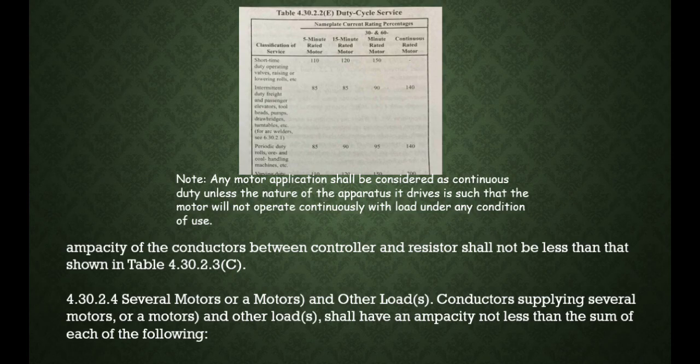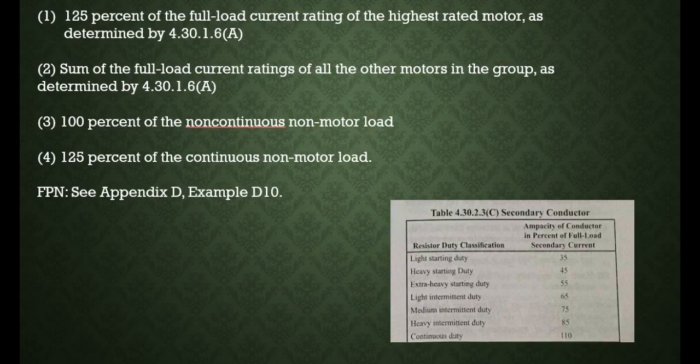Conductors supplying several motors or other loads must have an ampacity not less than the sum of specific requirements. 1. 125% of the full load current rating of the highest rated motor as determined by 4.30.1.6a. 2.